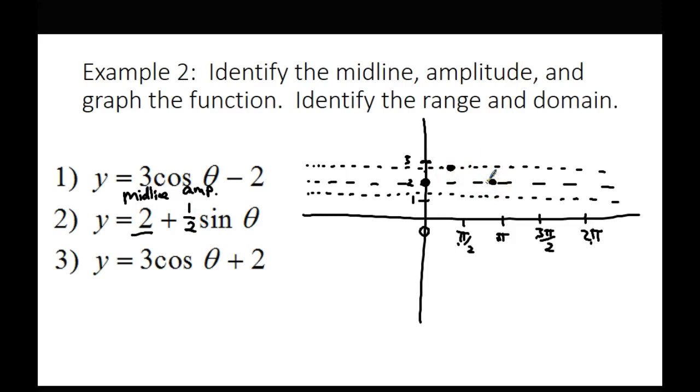Over 1, down 1, over 1, up 1. So that's a sine wave that starts at the midline of 2 and goes up by halves and down by halves. And then we just continue the shape after that.